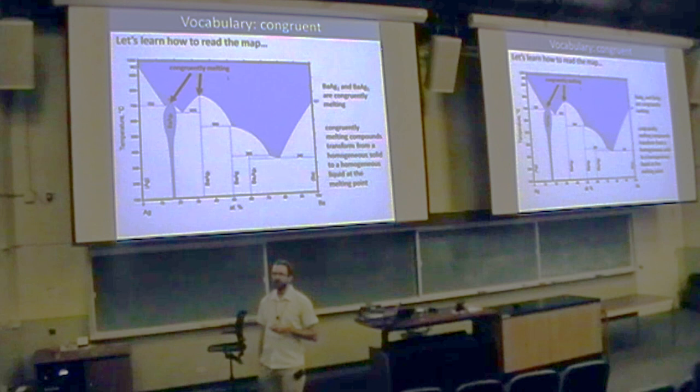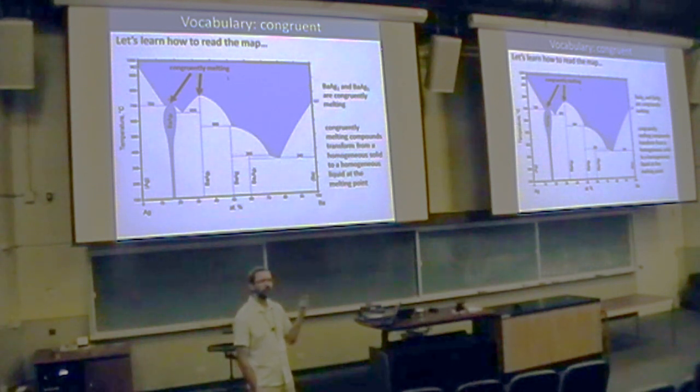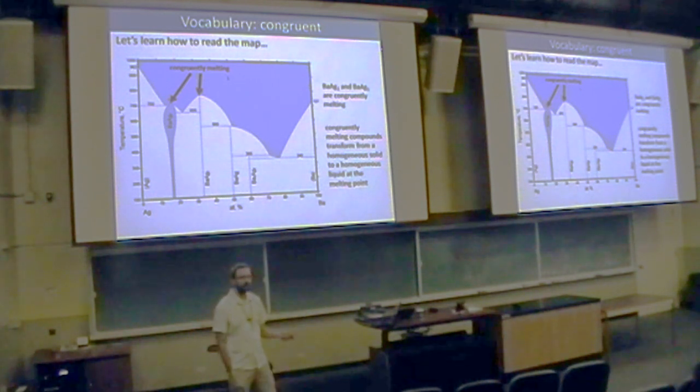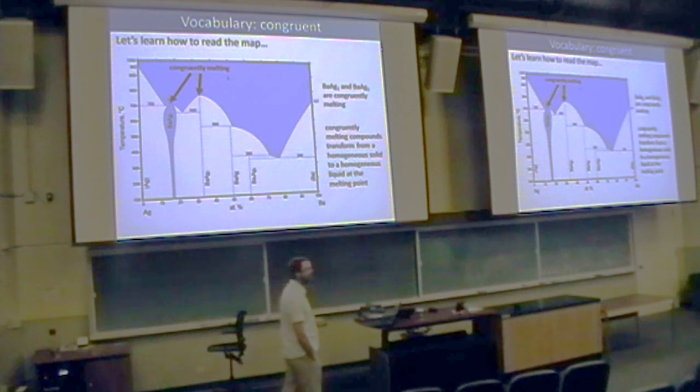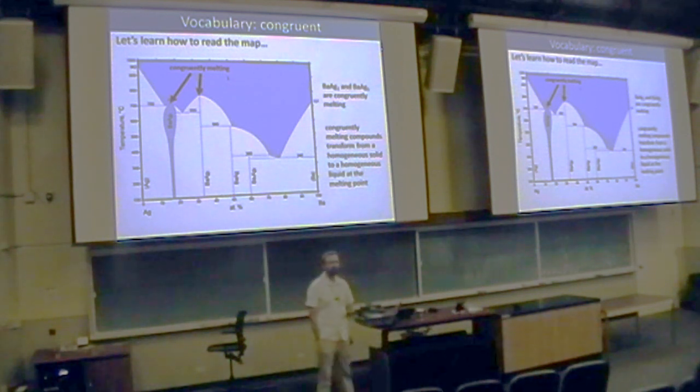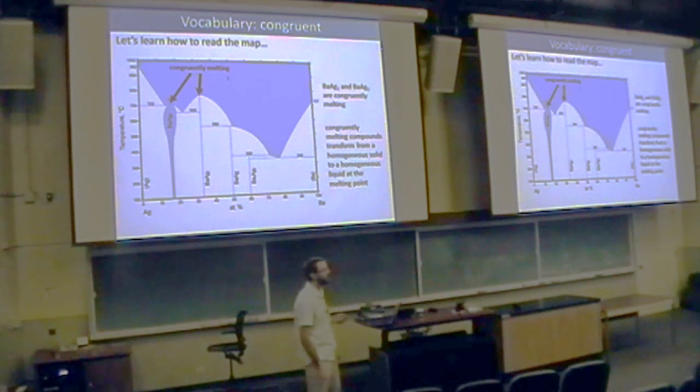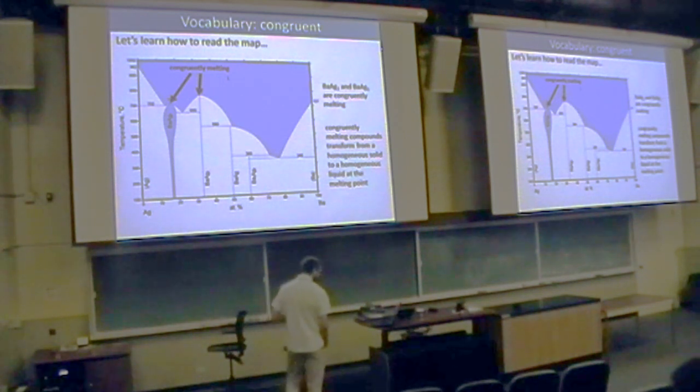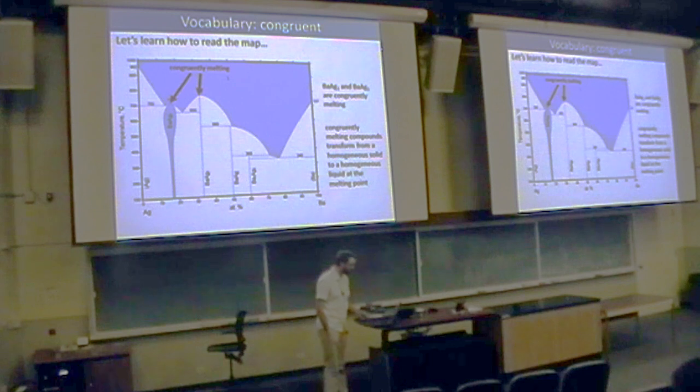Many materials are like this. For example, water: you have ice that melts at 0 degrees into liquid water. Most elements, and compounds like water, are congruently melting, if they don't sublime, like arsenic.